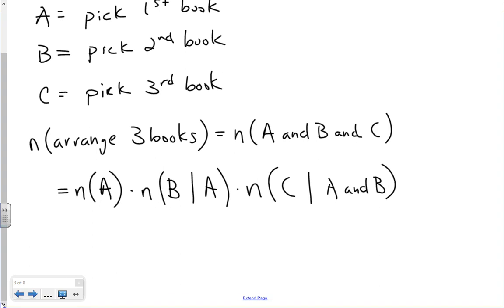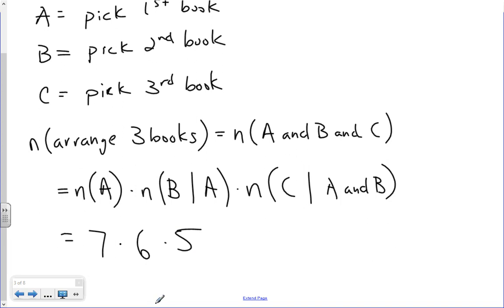So we're just going to multiply these out to find the number of ways that this can occur. How many ways can I pick the first book? There are 7 books to pick from, so I've got 7 choices for that first one. Once I pick that book, there are only 6 left for the second book. Likewise, for picking the third book, given that I've already picked the first and the second one, 2 have been eliminated, so there are only 5 ways left to do that.